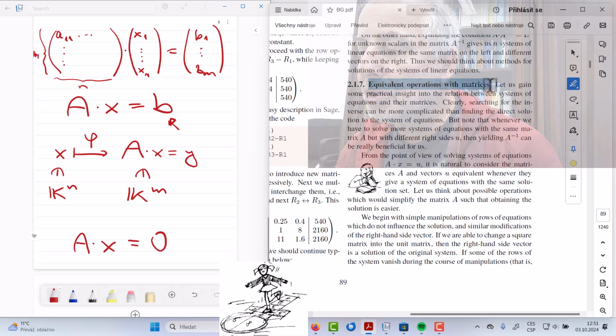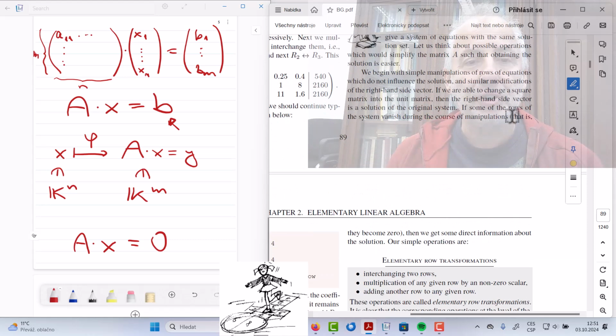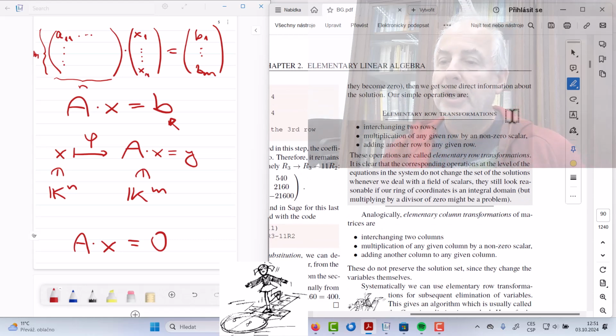So let's look at this here. So what can we do? If we don't want to change the solutions, we can perform reasonable operations with the rows, right? We can interchange the rows, it doesn't change the solutions at all. We can multiply any row with a non-zero scalar, so we will expect that our scalars are at least integral domains, like integers are, right?